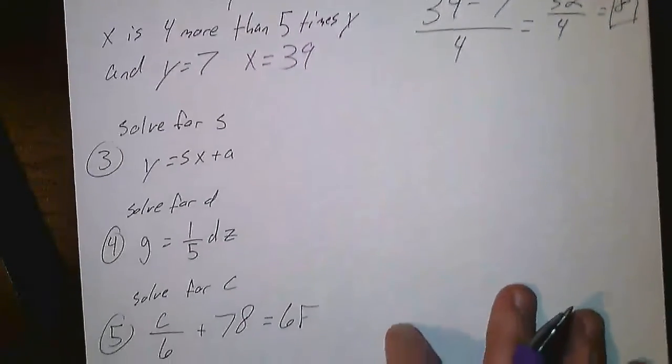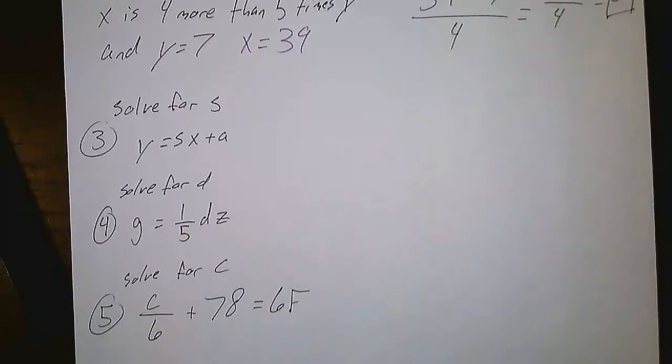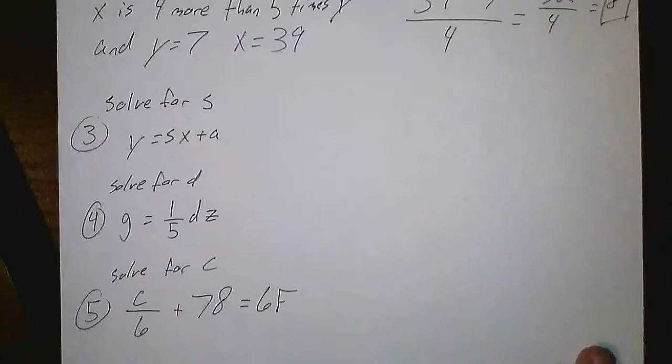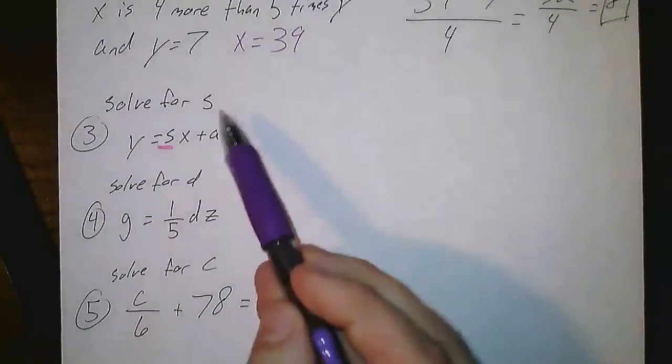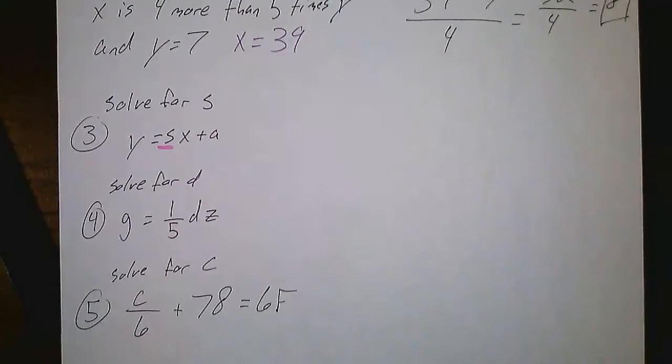And then you're going to see these solve for the specified variable problems. And this is all about trying to see if we understand how we can move pieces around in an equation. So for number 3, we are solving for s. So before we can completely isolate s, we need to isolate the term containing s.